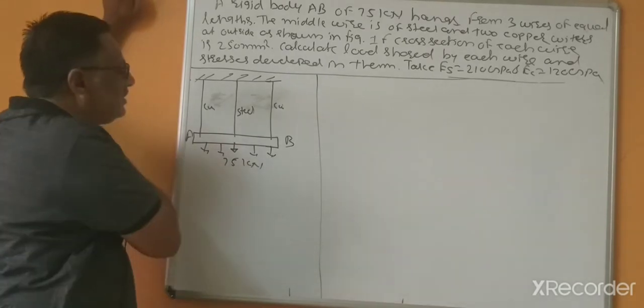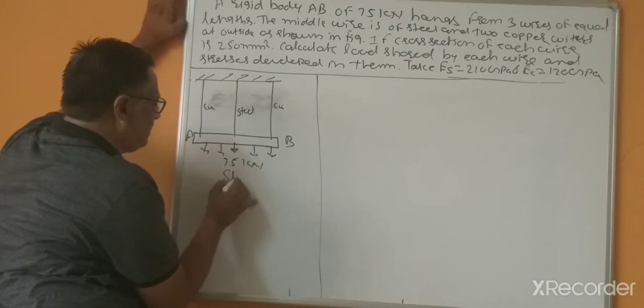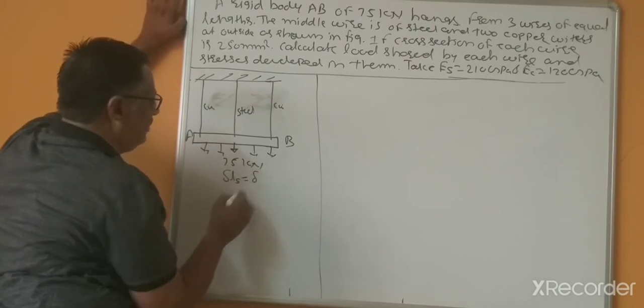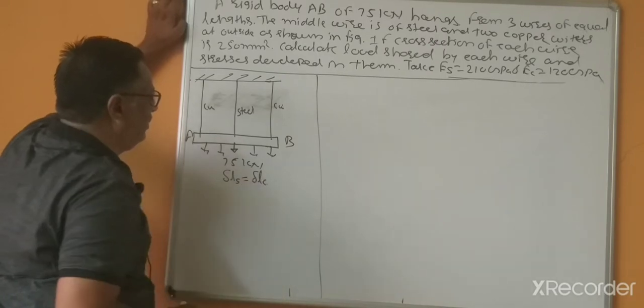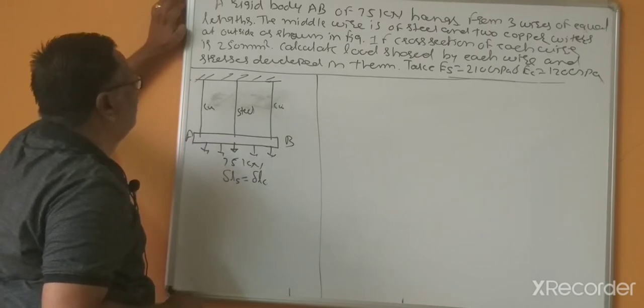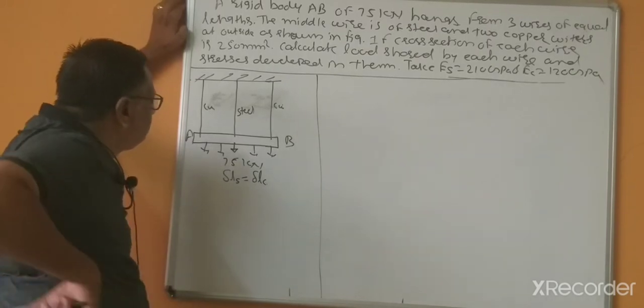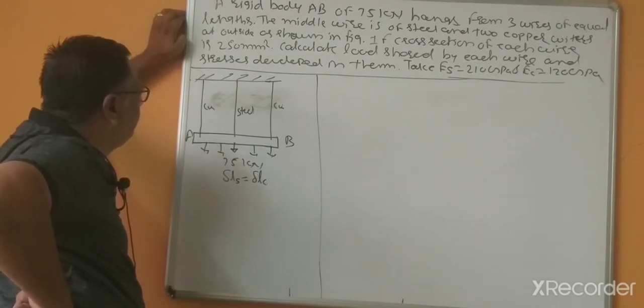So again, we can consider here delta L S equal to delta L C, right? Because the length of both wires is the same.